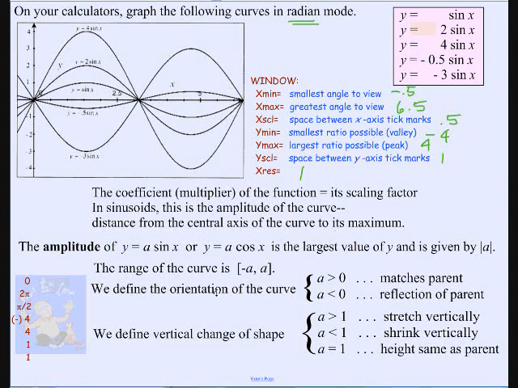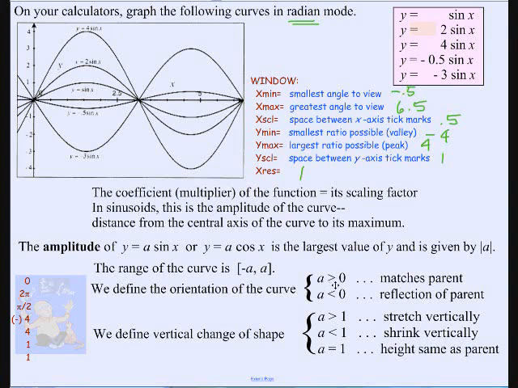We define the range of the curve as being from negative A to positive A.